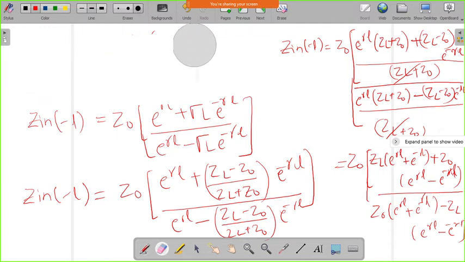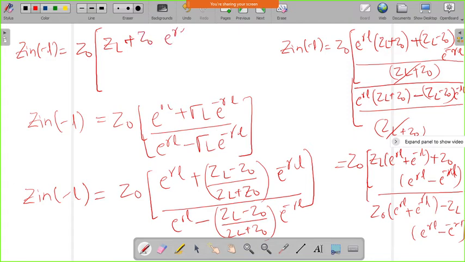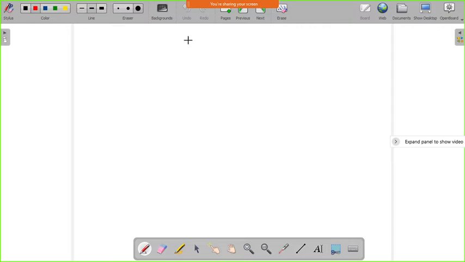So we can write Zin of minus L as Z0 into, okay, taking this common term in both numerator and denominator, it cancels. It will remain ZL plus Z0 into e power gamma L minus e power minus gamma L, divided by e power gamma L plus e power minus gamma L. Okay.